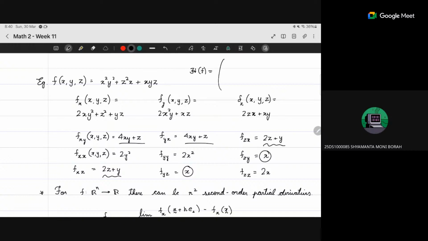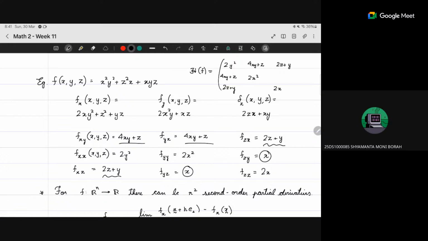So you will have 2y square, 2x square, 2x, and this is 4xy plus z, 4xy plus z. Z is 2z plus y. Z plus y.